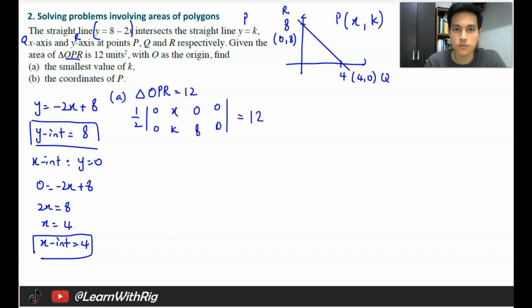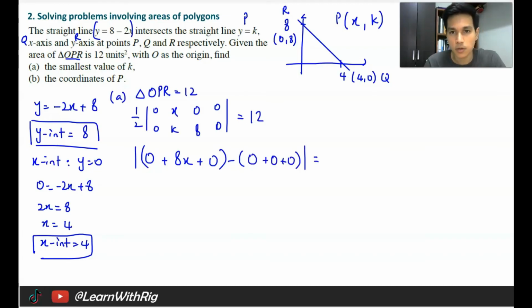Equals 12 units. So I'm going to shift 1 over 2 to the opposite side. So I should get 0 plus 8x plus 0, minus 0 plus 0 plus 0. Everything else is 0 here, so it'll be easier to solve. Bringing 1 over 2 to the opposite side, I get 24.